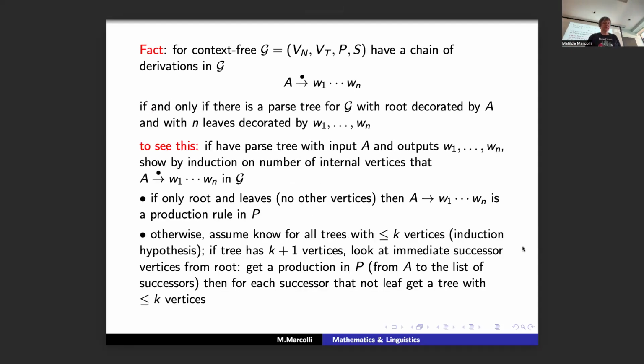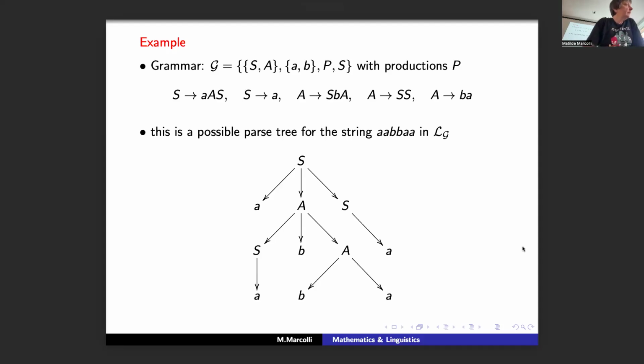So you can't change the order. Changing the order does not give you the same thing. Exactly. These are ordered strings, and so the planar embedding of the tree is important because you want to produce strings, not just sets.